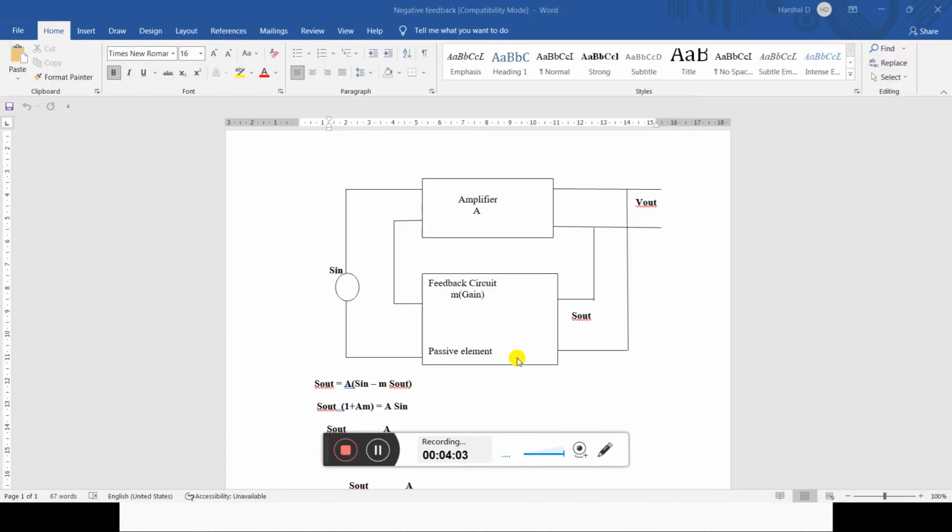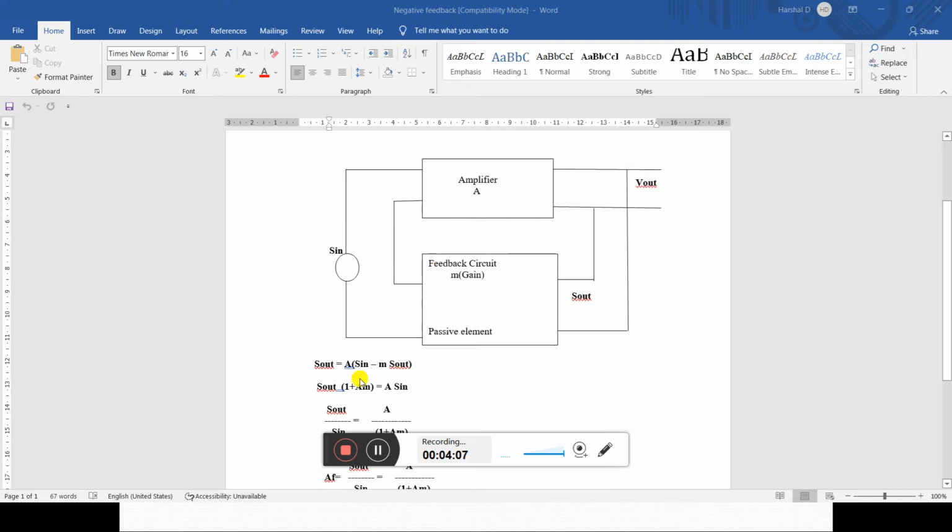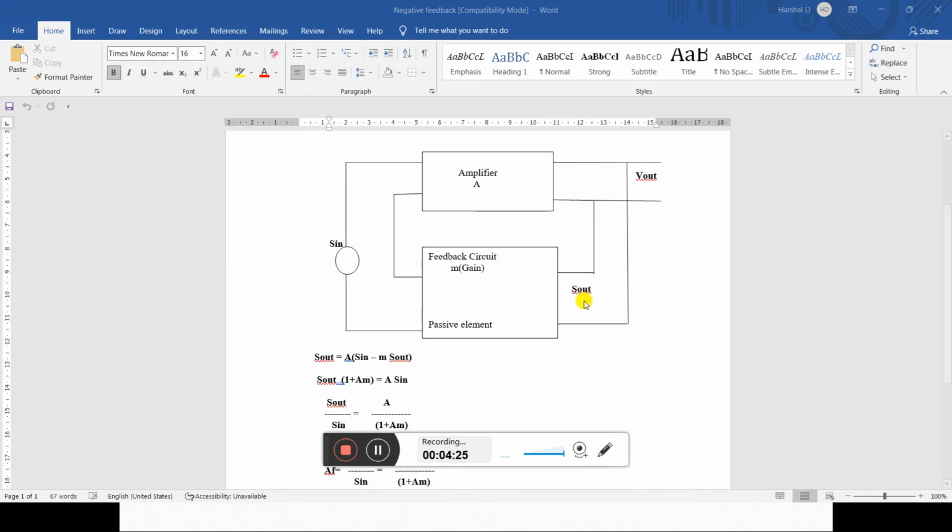We have already seen this diagram. In this diagram, our output depends upon the gain and the difference of our input signal minus the feedback. Why the minus? Because it is negative feedback. Beta is the feedback factor, multiplied with the output signal.